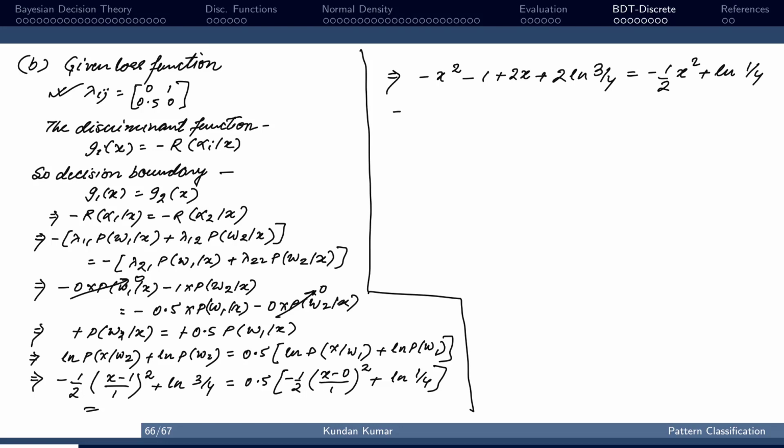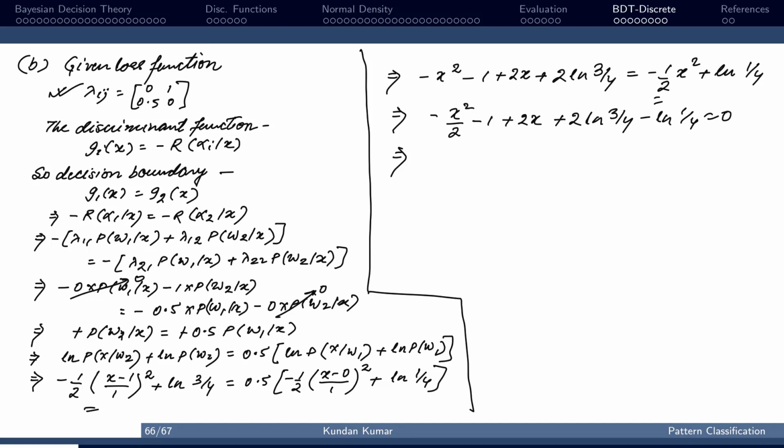Okay. So now we will take x square as common, that means this term we can take on the left hand side, so it will be minus x square by 2, then minus 1 plus 2x plus 2 ln 3 by 4 and minus ln 1 by 4 equal to 0.